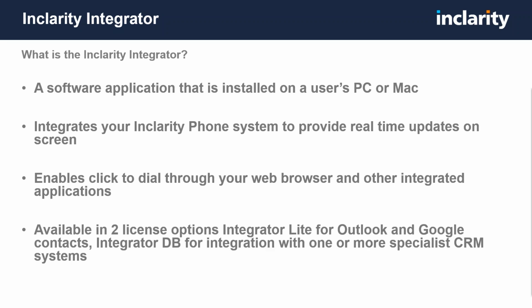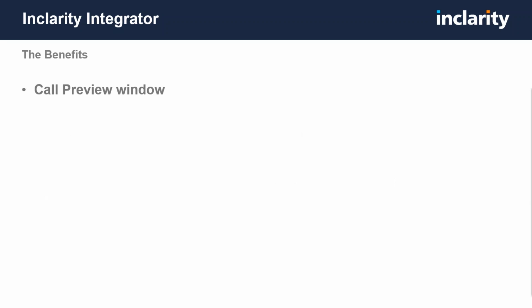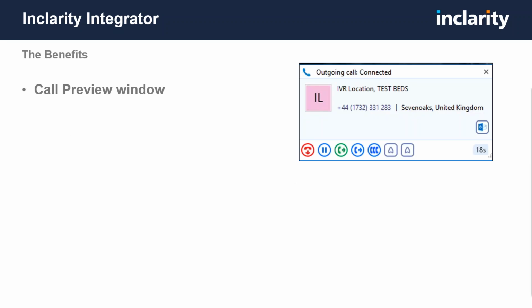One of the great benefits is a call preview window. For each call made or received for a user, a box similar to what you'll see on screen will appear. This box gives a user information about the number of the person calling.